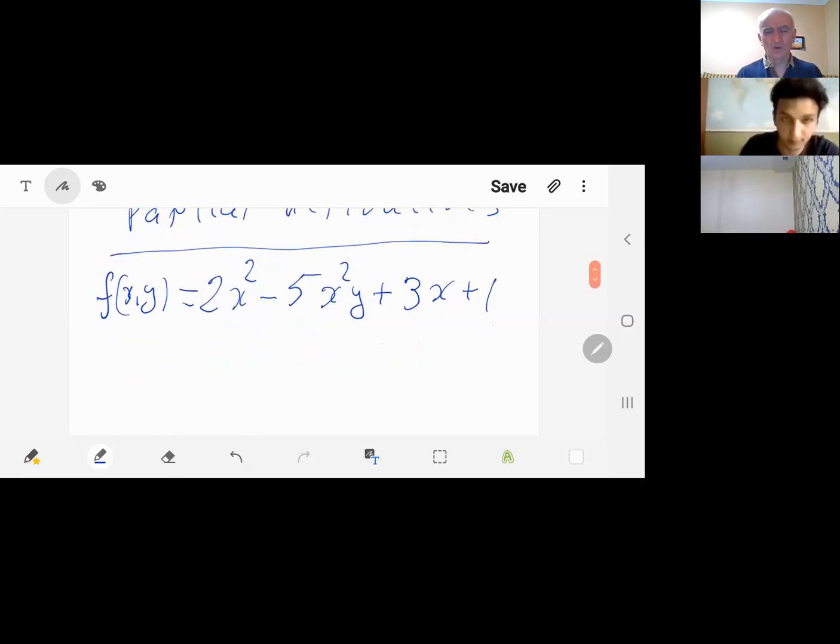So our goal is to find partial derivatives, both partial derivatives. Let's do it together.